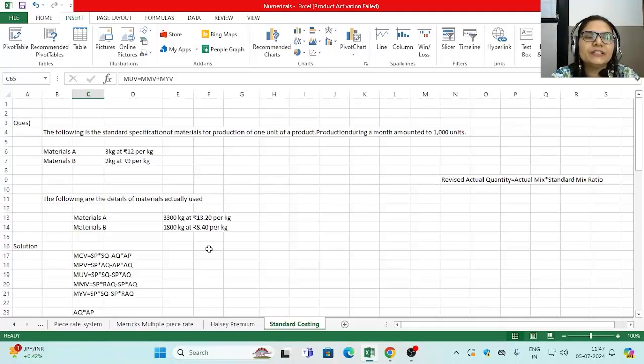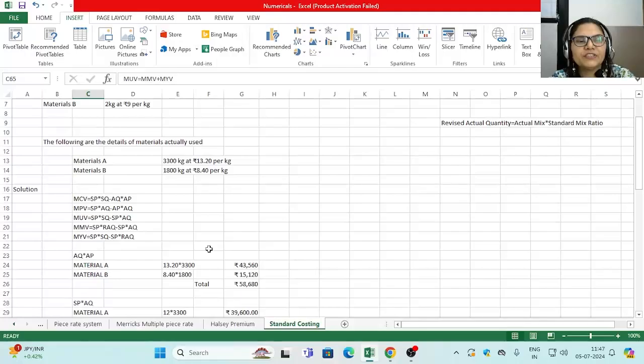Material A 3 kg at rupees 12 per kg. Material B 2 kg at rupees 9 per kg. The following are the details of materials actually used. Material A 3300 kg at rupees 13.20 per kg. Material B 1800 kg at rupees 8.40 per kg.